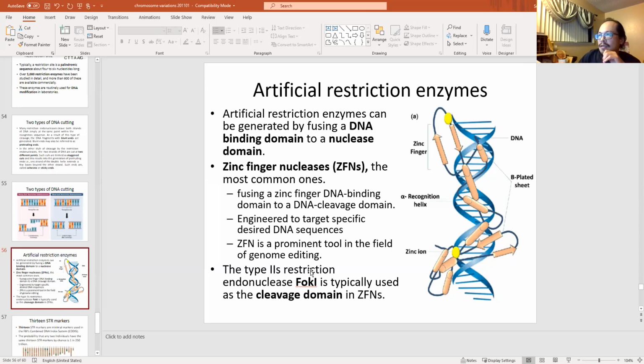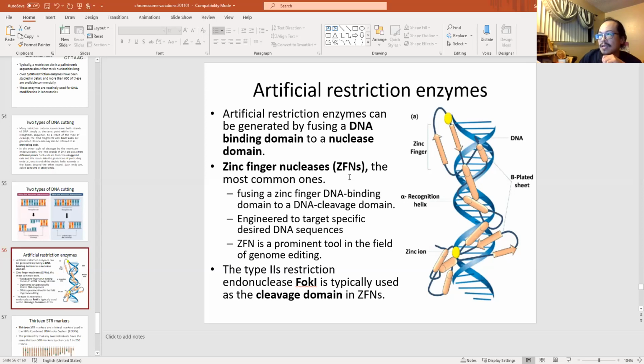So that's that. And usually that will come with the combination of the binding domain with the nuclease.